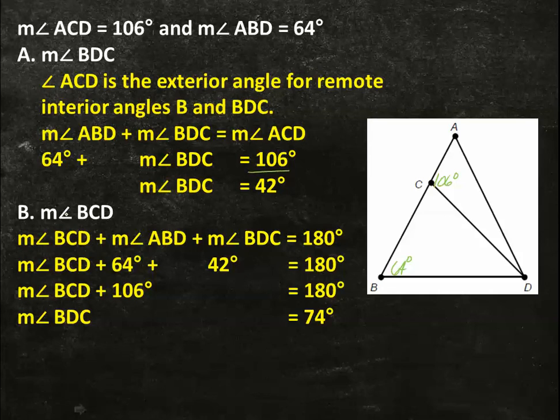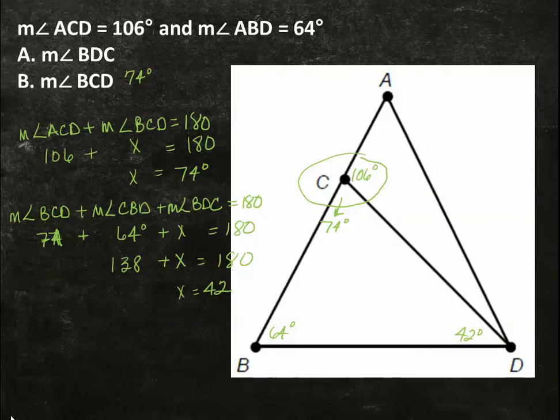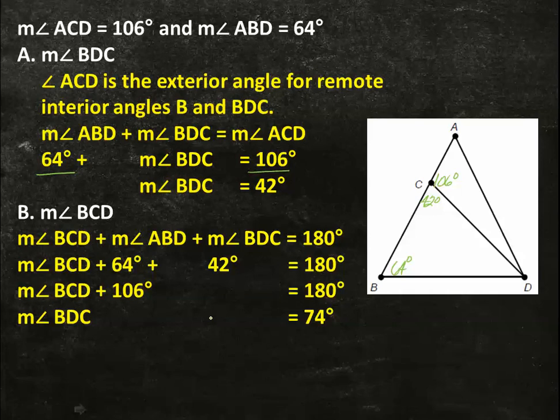They plug that in for ACD, they plug the 64 in for the angle they knew, and then they solved for BDC, and they got 42. I don't think I got 42 on mine, so that shows I did it wrong. No, I got 74. I don't know why that ended up being wrong.